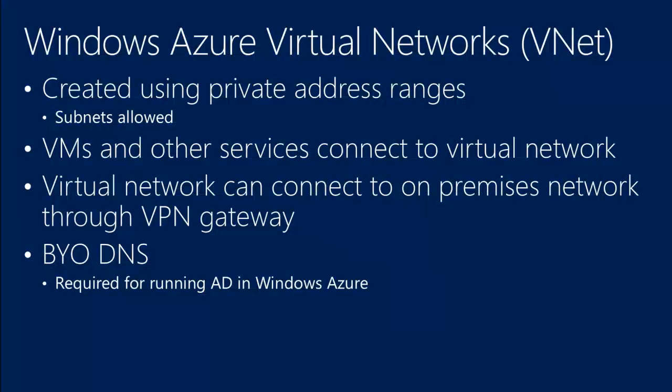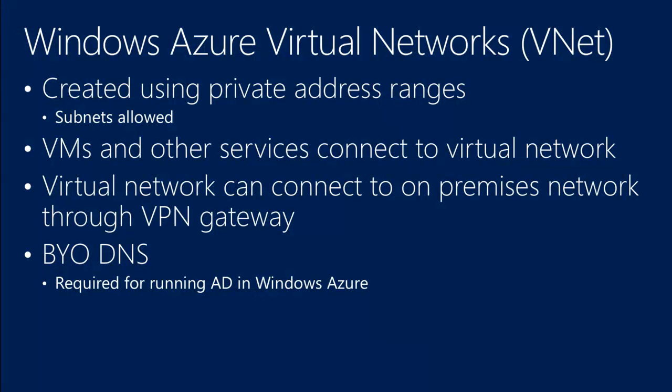What you'll need to do is, as I said, with using Active Directory, you will need your own DNS, right? Because the Azure DNS will not support dynamic registrations. It won't support all the SRV records, so you're going to have your own AD DNS on there.